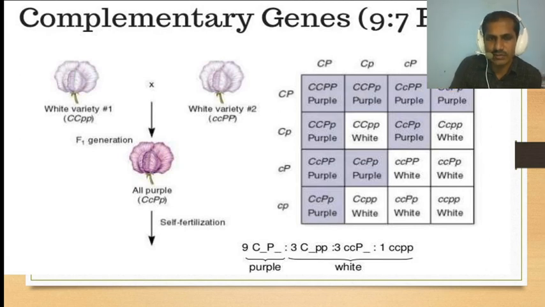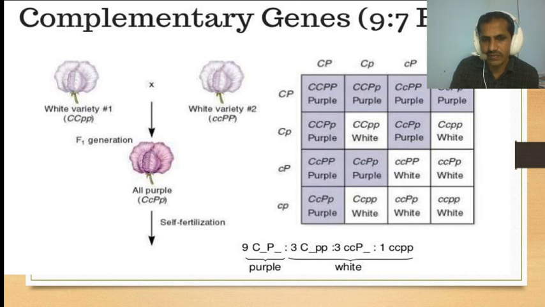So white color flower, capital C, small c, and another variety, small c, capital P. The gametes we get are capital C, small p and small c, capital P. In the F1 generation all are purple.